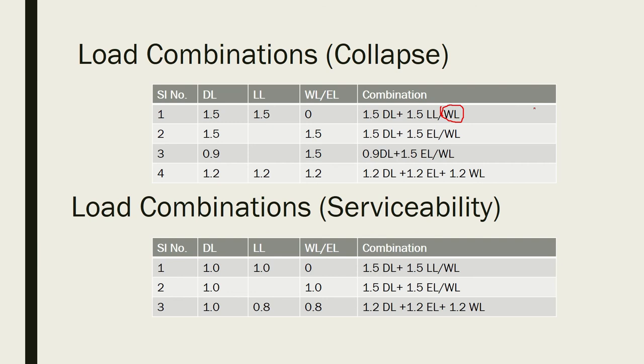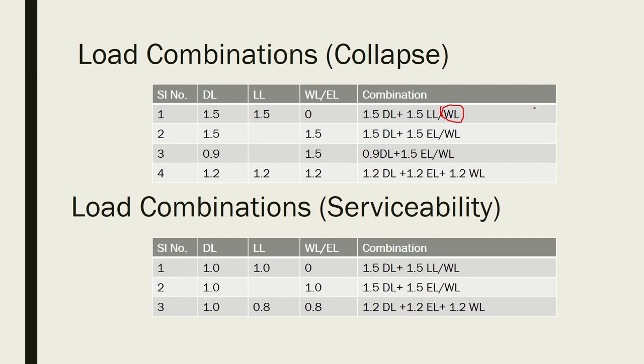That means you can see that one structure can be overturned if its self weight is less. Now when lateral load is there, it will try to overturn the particular structure, but the overturning effect will be counteracted by the self weight. So that is why we are trying to see if the self weight is less and the earthquake is there, then what will be the effect.